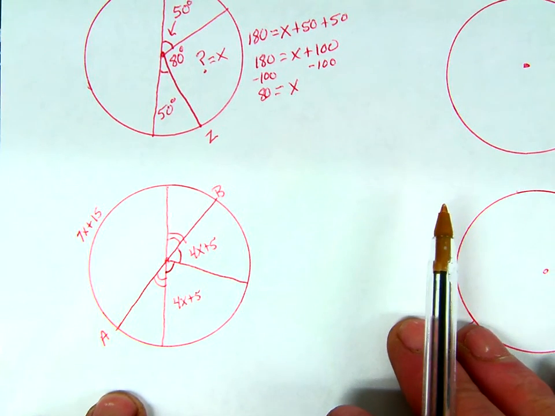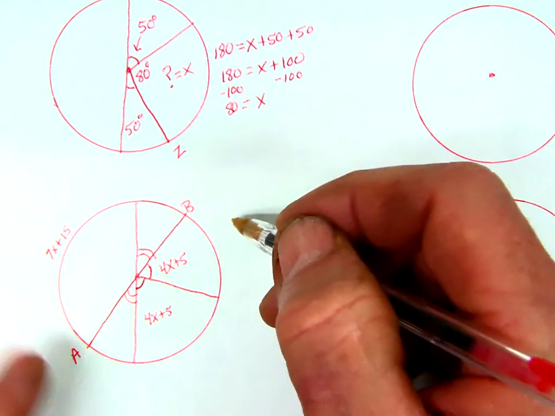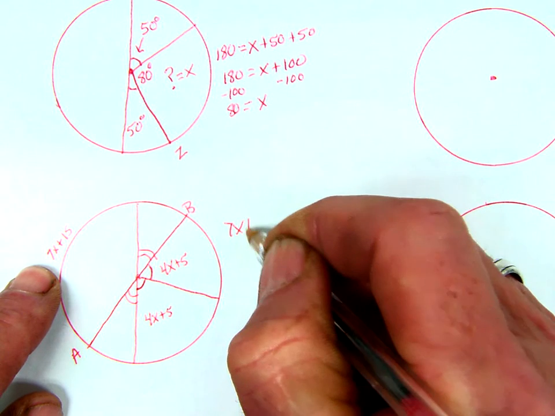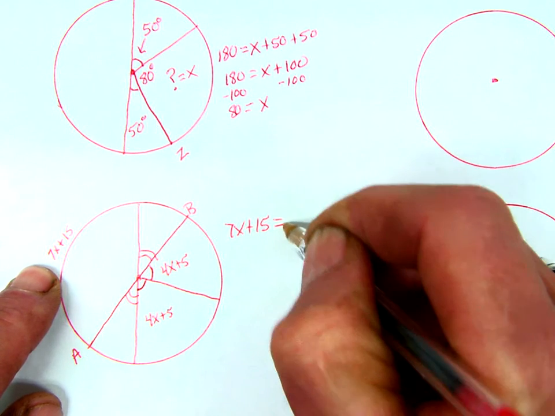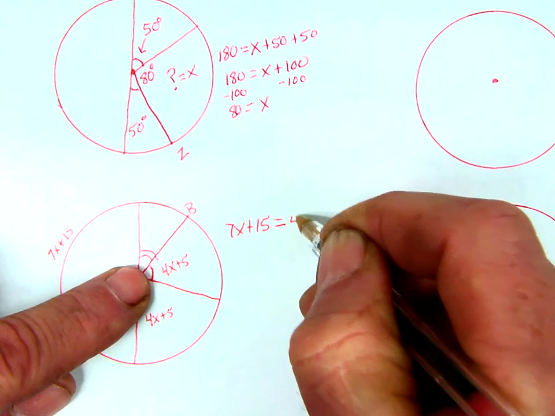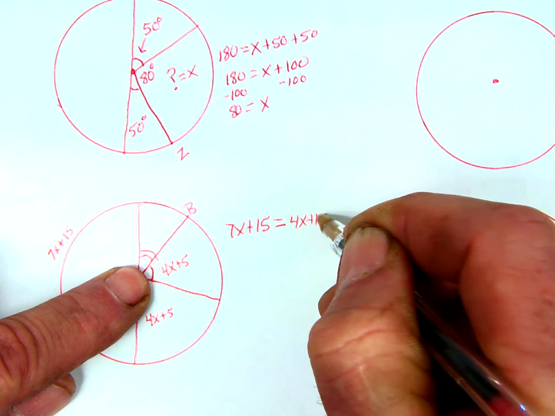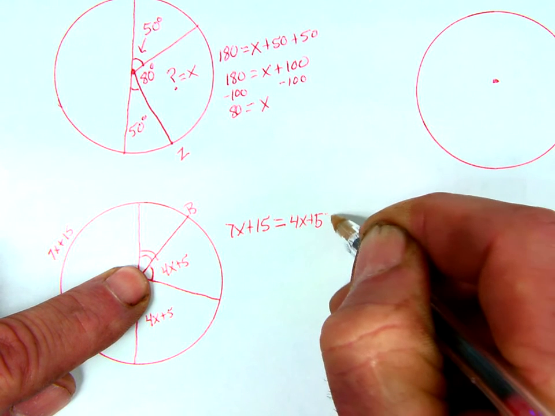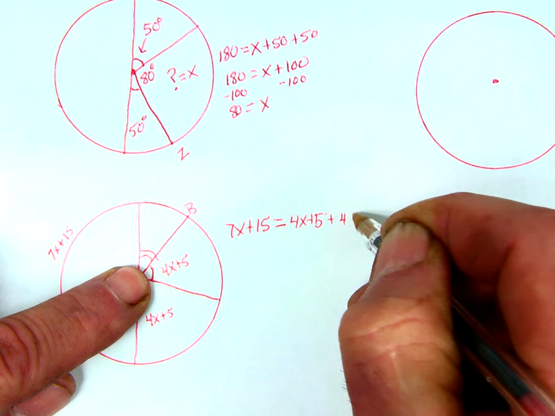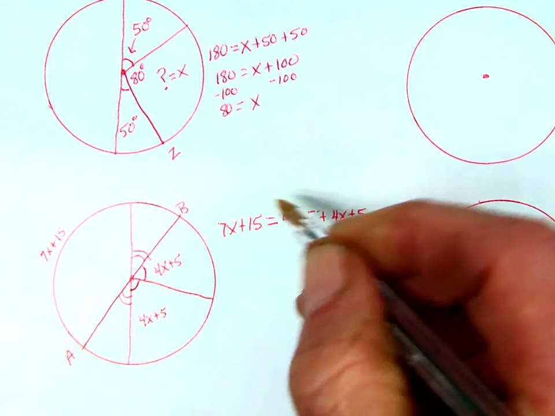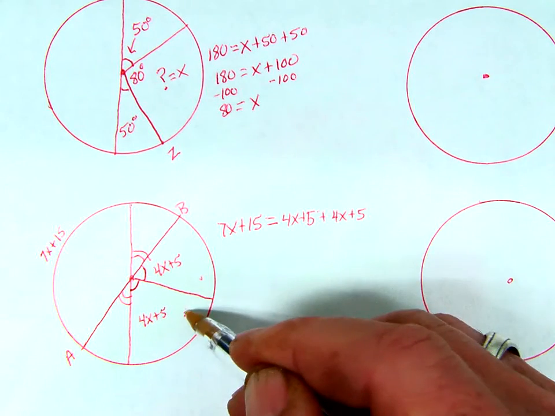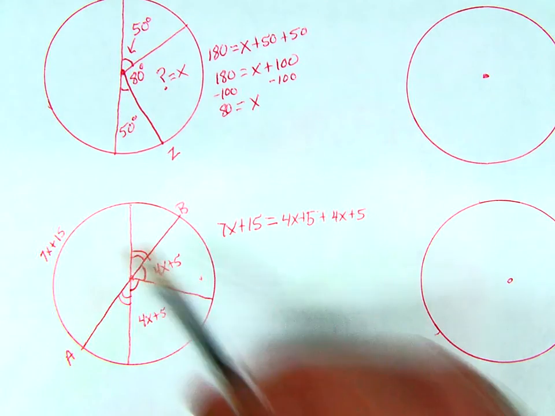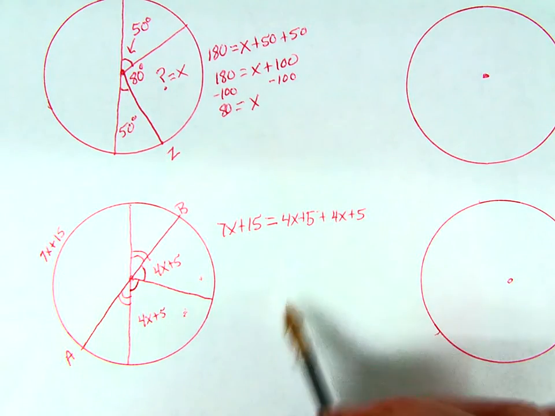That's the geometry part. So 7x plus 15 equals 4x plus 5 plus 4x plus 5. Adding these two together gives me the same measure as this one right here. That's what we're doing here.